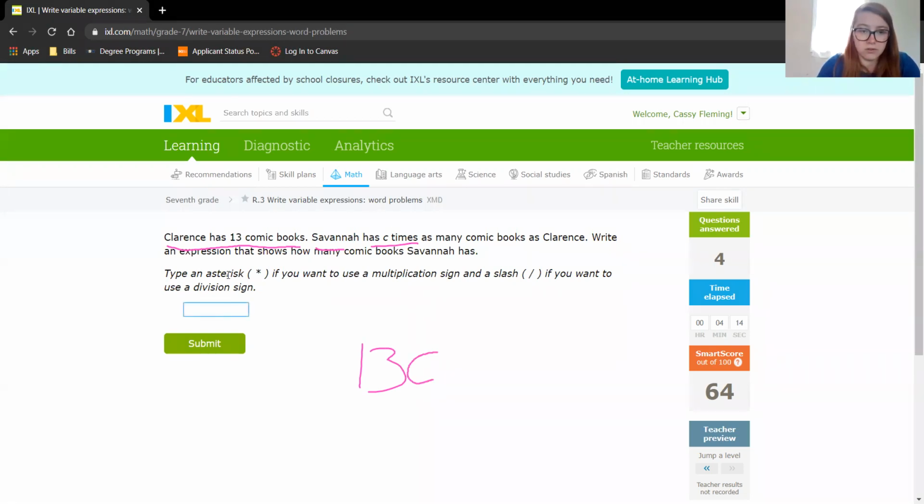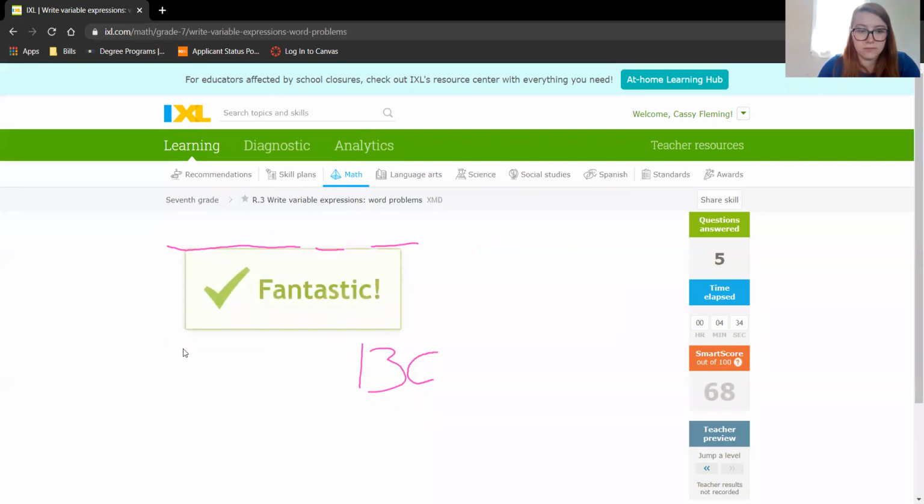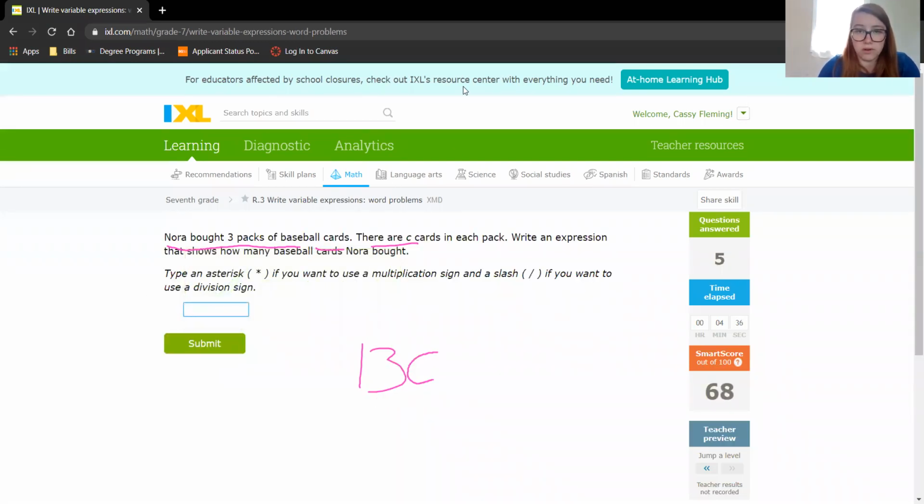So all you have to do is type it in this box. We want to use multiplication, so we're going to use that asterisk. So we need 13 times C. I'll do one more in this section.